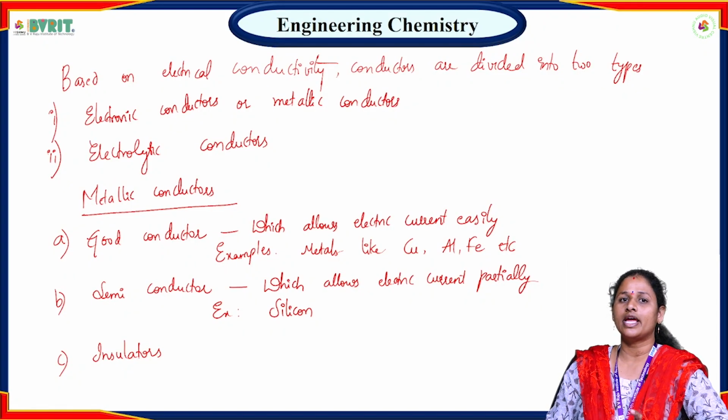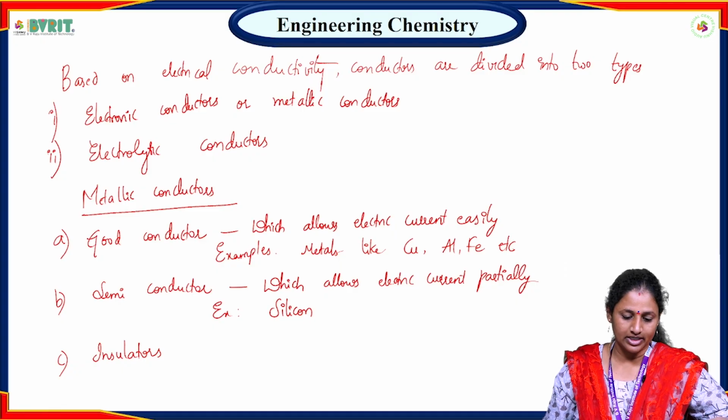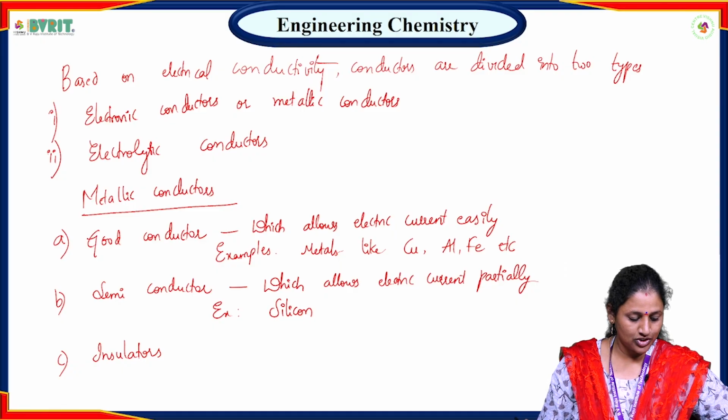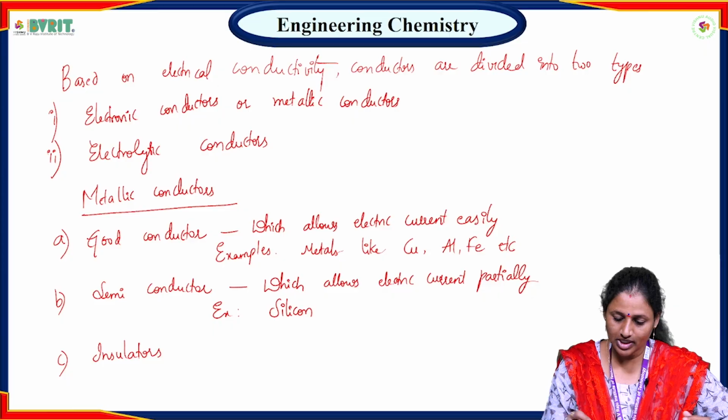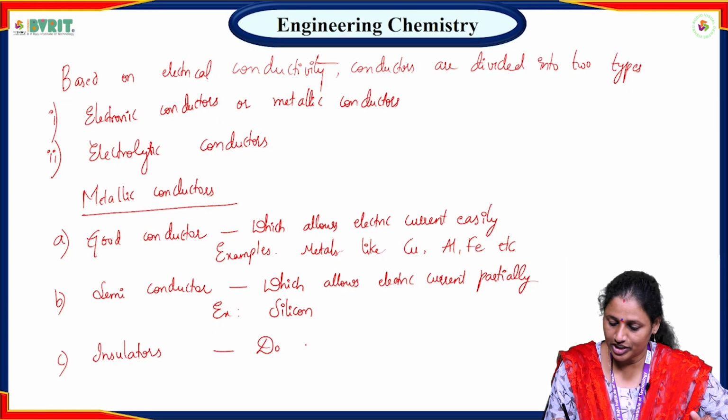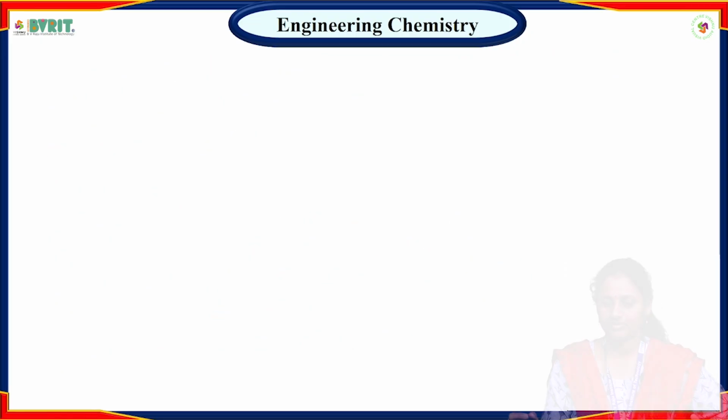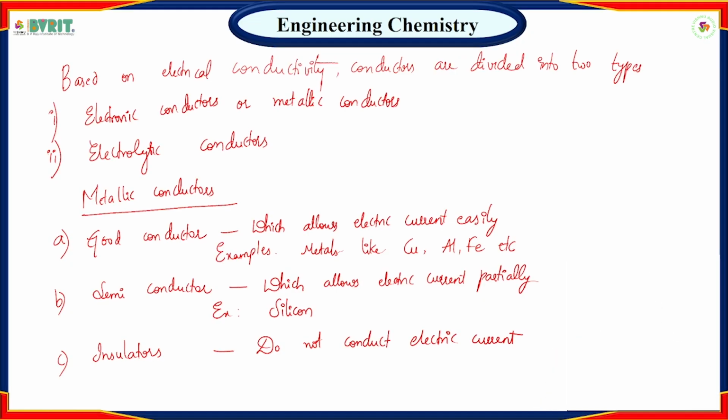So that creates the formation of a hole or an electron which can participate in the conducting of electric current. Insulators are the substances which do not conduct electricity. So, rubber, wool, plastics, etc.